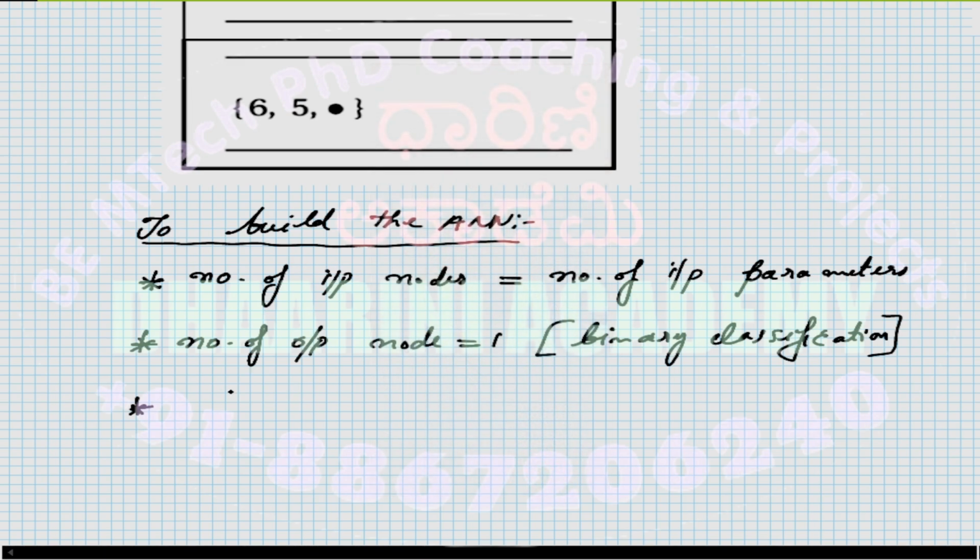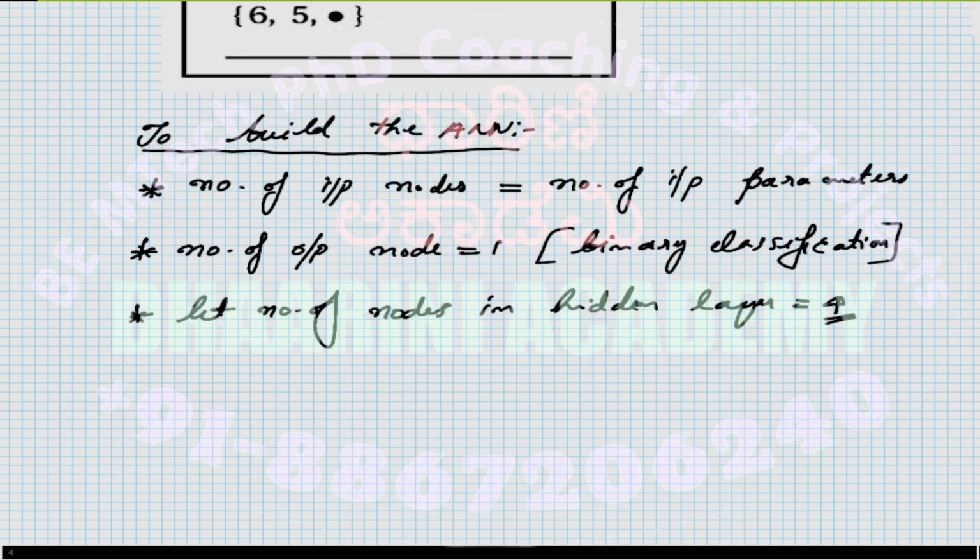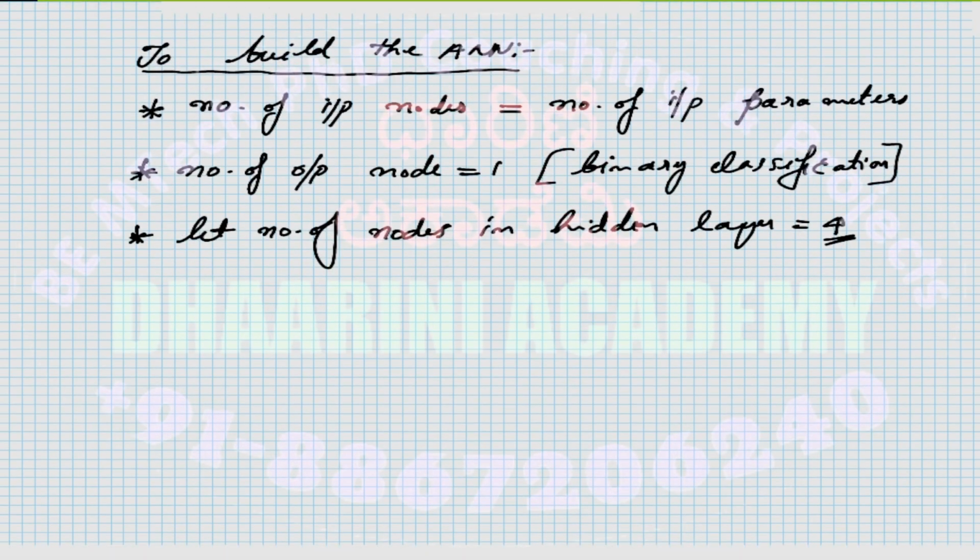I'll just write: let the number of neurons in the hidden layer be equal to 4. Just remember why I chose 4, because the capital N equals 4 here.